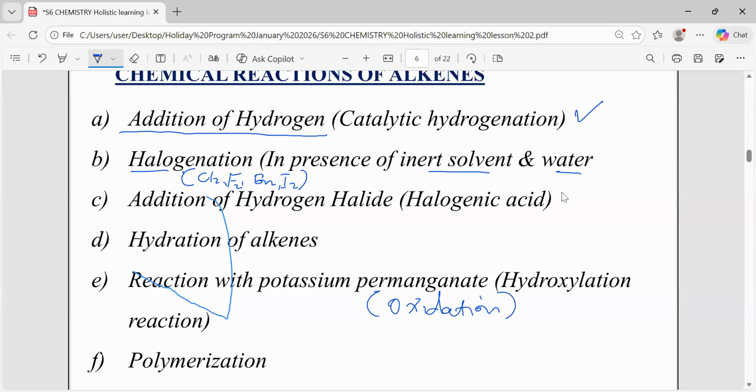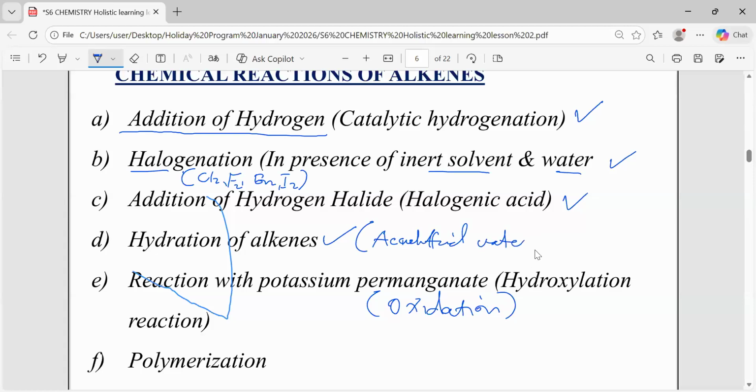Then number 3, we shall also look at addition of hydrogen halide, what you call the halogenic acid. That will be another part where we shall be adding the halogenic acids or hydrogen halides. Then number 4, we shall be looking at hydration of alkenes. Hydration is addition of water, but this is acidified water.